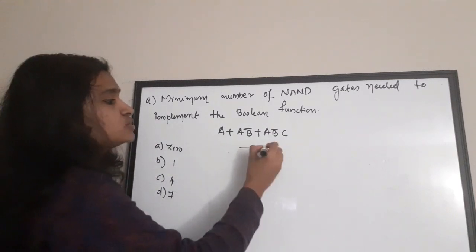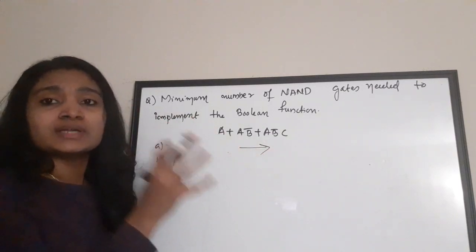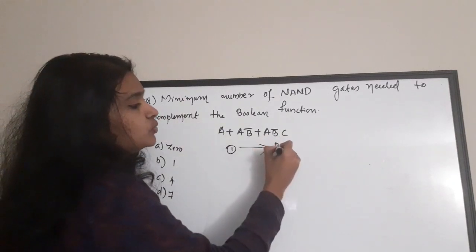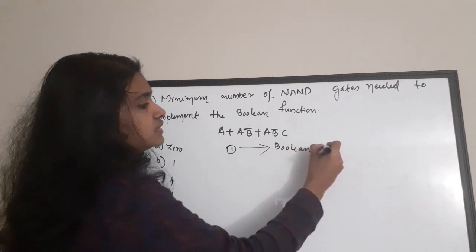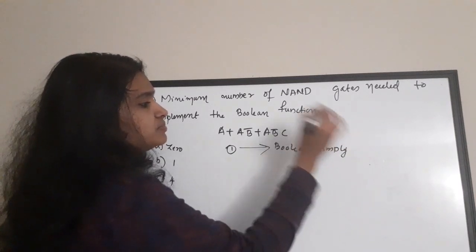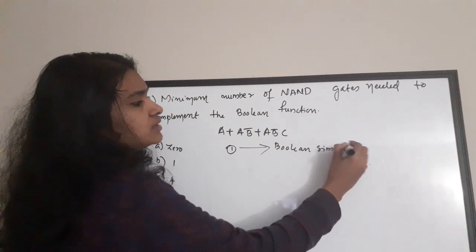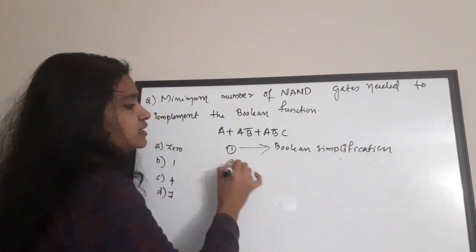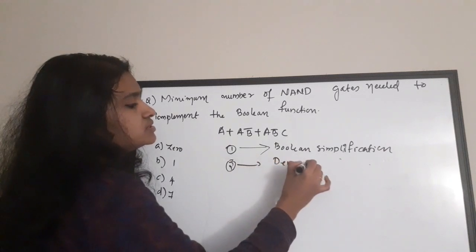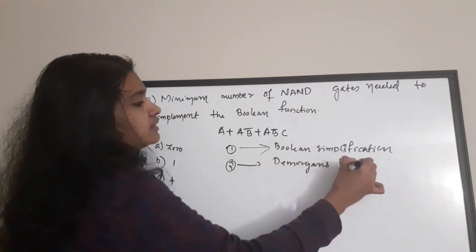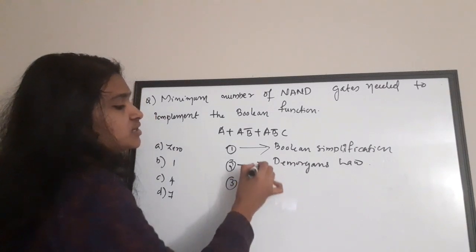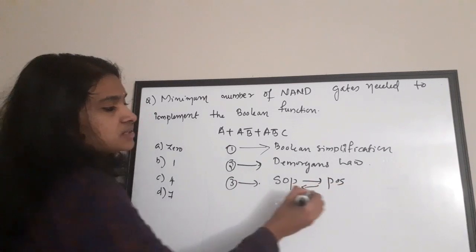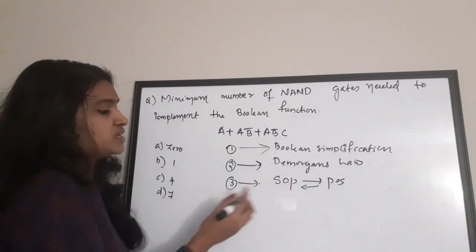I'll write it here. So when you are approaching such a question, the first one is Boolean simplification, that is, try to simplify the expression. Second one, try to apply De Morgan's law. Then third approach is try to convert SOP to POS, or in reverse, convert a POS expression to SOP expression.